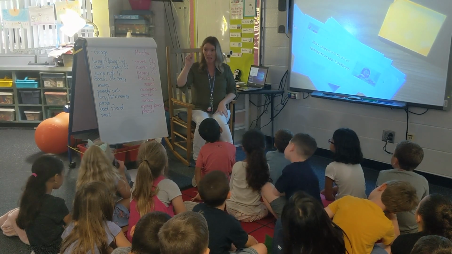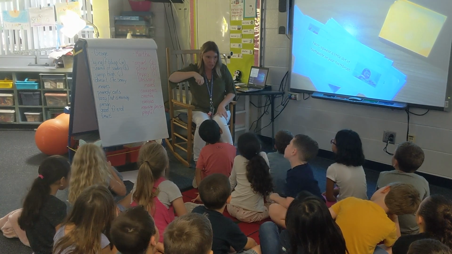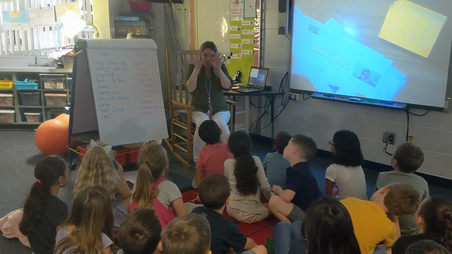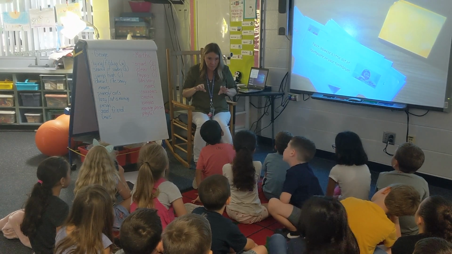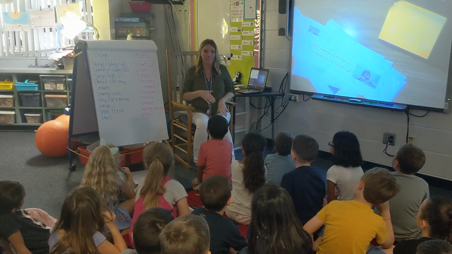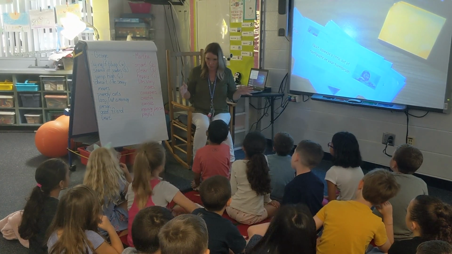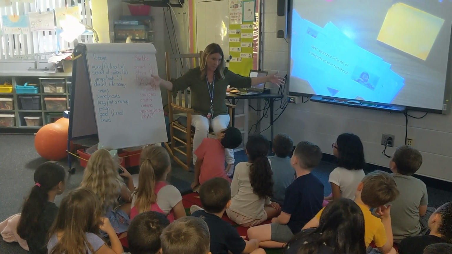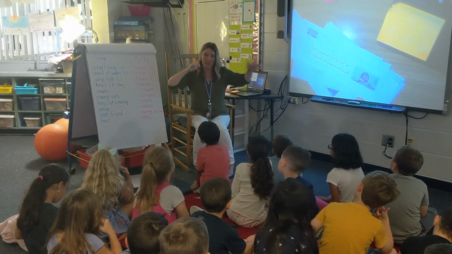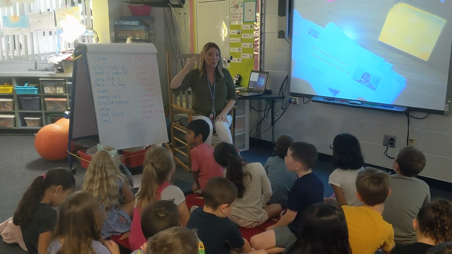Finally, you take a fork and you scrape down the spaghetti squash so it looks like strings, like wiggly worms. Like spaghetti. Last, you eat it up. Yum. Now, spaghetti squash, I would not write a how-to book in 1 week because look how long those many steps are. You're going to think of something that we did not do here that you could teach someone how to do in 3 or 4 steps.